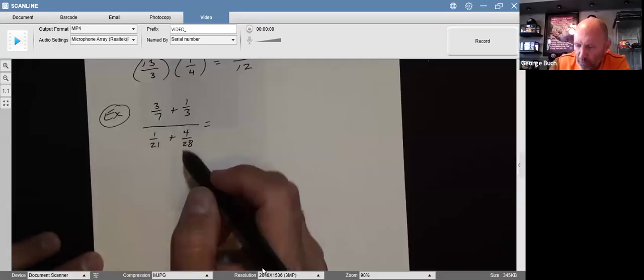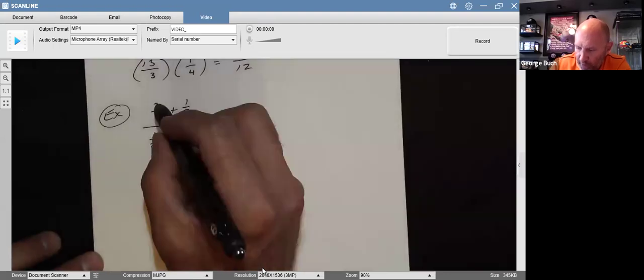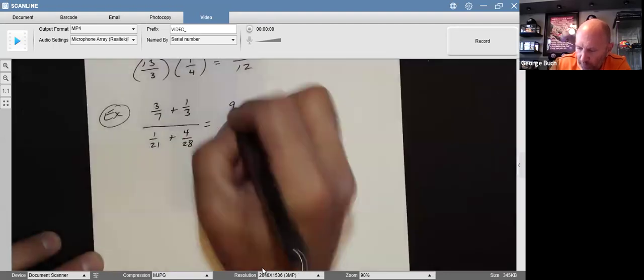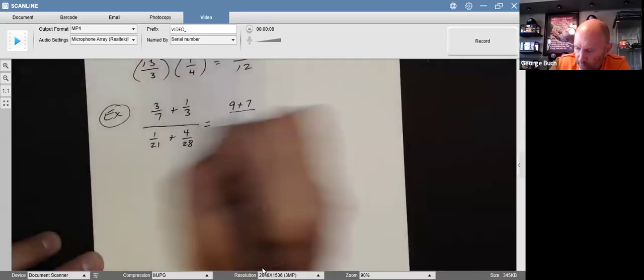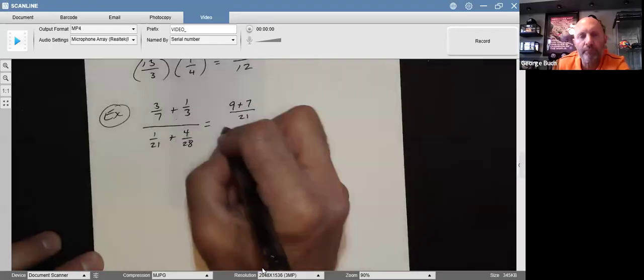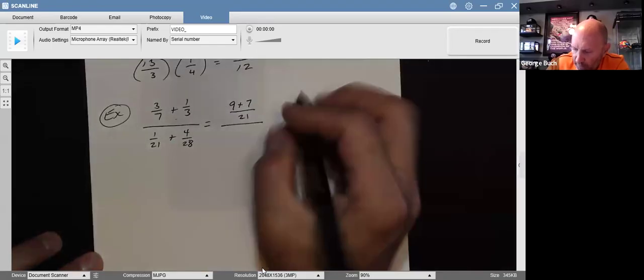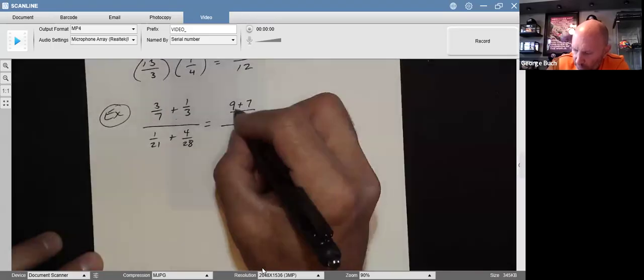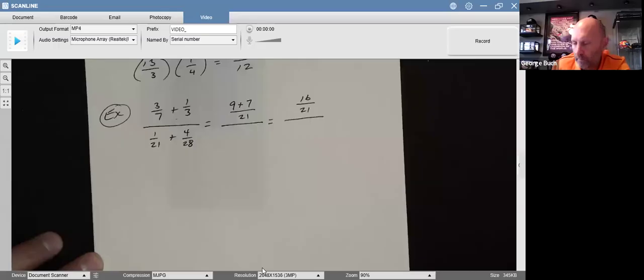So let's deal with the numerator first. By my shortcut method, I have 3 times 3 is 9, plus 7 times 1 is 7, over 7 times 3 is 21. Simplify this. 9 plus 7 is 16 over 21. All right, let's work on the bottom.